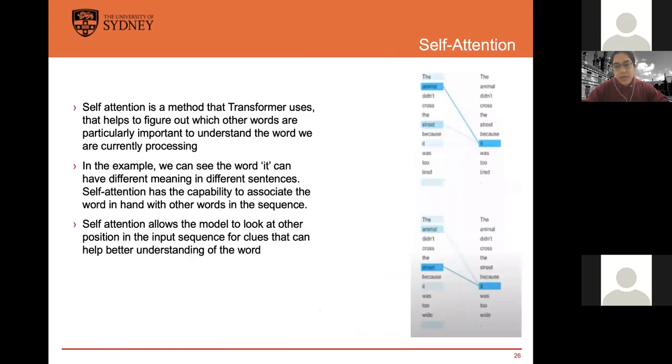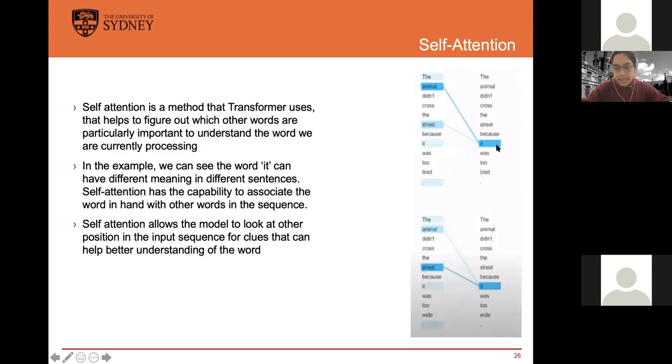Before I go to the multi-head attention layer, it is important to understand what the self-attention layer is doing. Self-attention is a method that this network uses. It helps to figure out, for a particular word, for example, if you think about this sentence, the animal didn't cross the street because it was too tired.